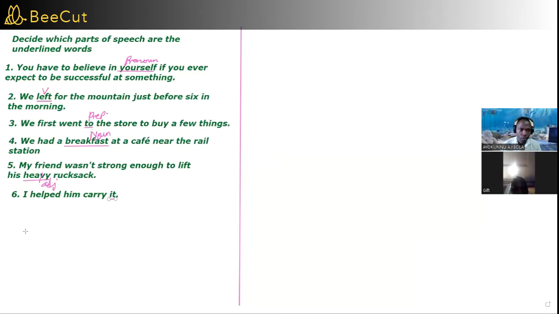So what part of speech is it? Preposition. Preposition, because it's replacing, let's assume it's connected with number 5, the rucksack, or anything that you help somebody to carry.